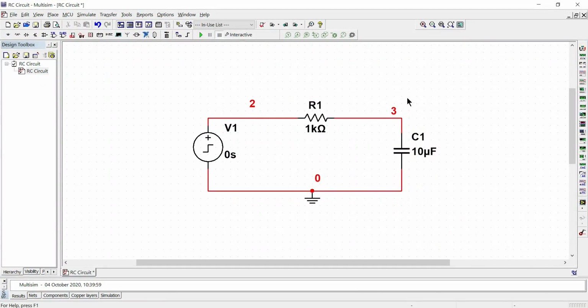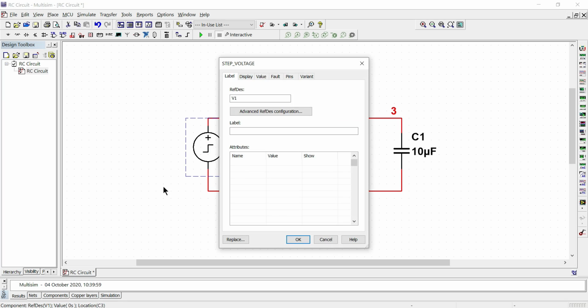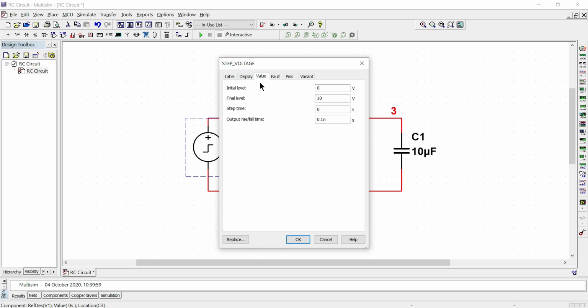So this is the Multisim software interface, and I have already formed the RC circuit with its respective values. Let me show you how I have set the parameters for the step voltage. So double click on it, go to the Value tab in this component properties dialog box. The first parameter is the initial signal level.